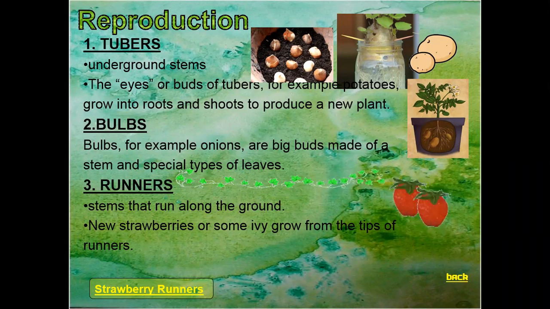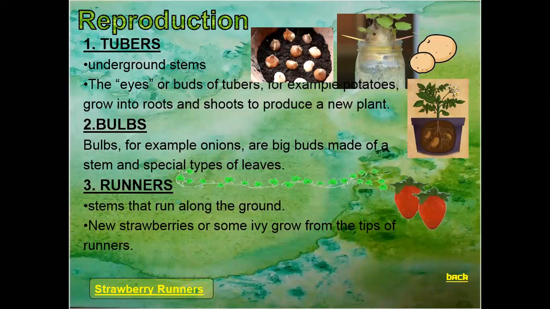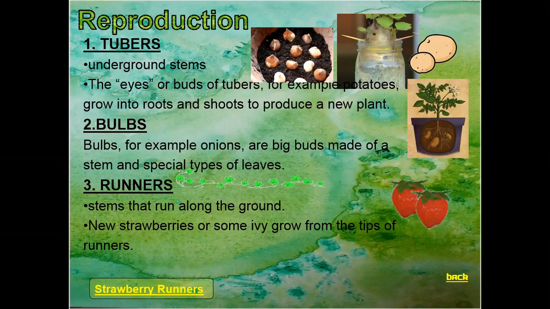These plants reproduce without seeds or spores, for example by runners, cuttings, bulbs, and tubers. We will look at cuttings after a little. Now, what is the advantage of reproducing without seeds?